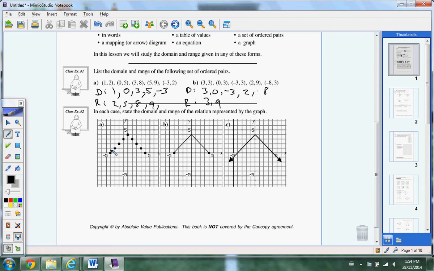When I ask what your range or your domain is for this one, let's do domain first. We'll do domain for all of them first. So, Taylor, what do you think your domain is for A? Again, this is a guess or your best idea. So, -5. Okay, good. That's one of them.